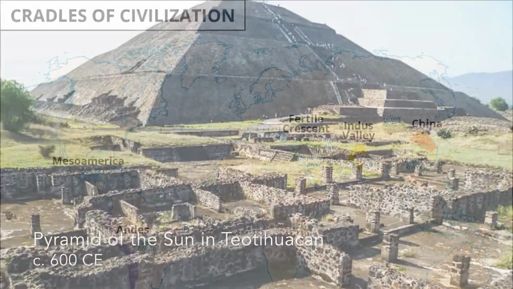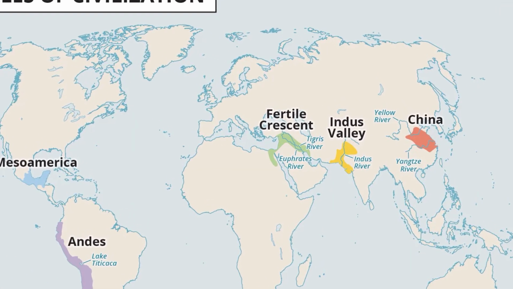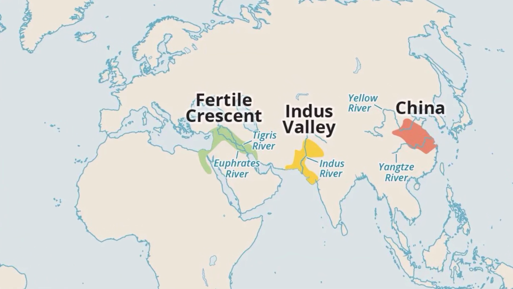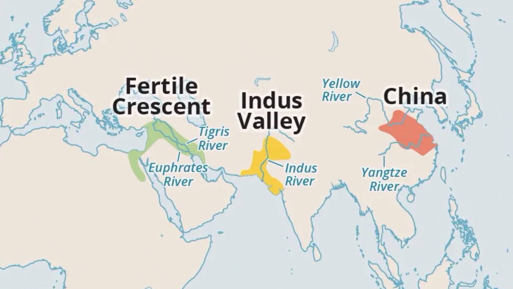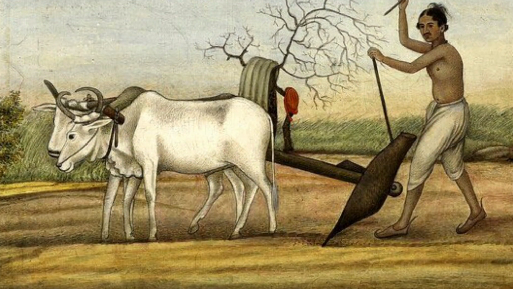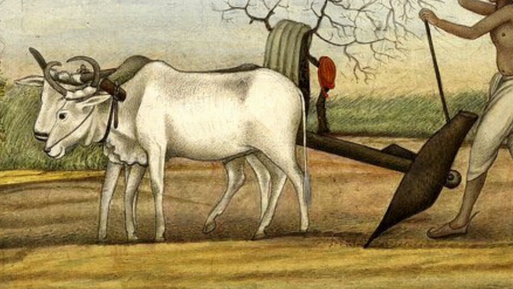social complexity. Throughout the world, as societies became more complex because of farming, agriculture was the catalyst for the development of farming technologies that accelerated the growth of civilizations. For example, the Indus Valley civilization created wooden plows to be pulled by cattle.